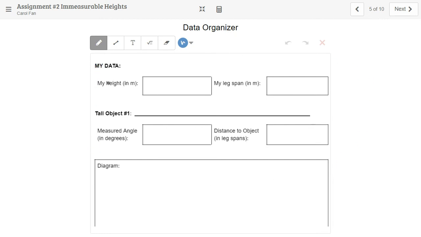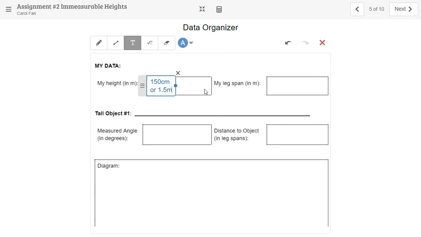I'm passing out a data organizer in class, and there are a couple of things that you need to do before you go out to measure. You need to put your height in meters and your leg span. So now I know that I'm 150 centimeters, but in meters, I would have to divide by 100.